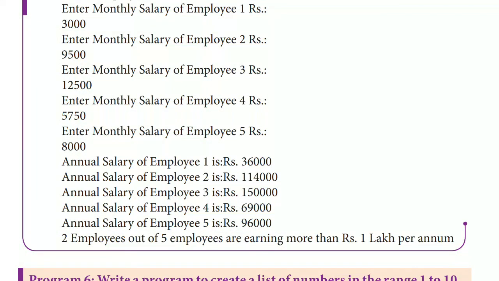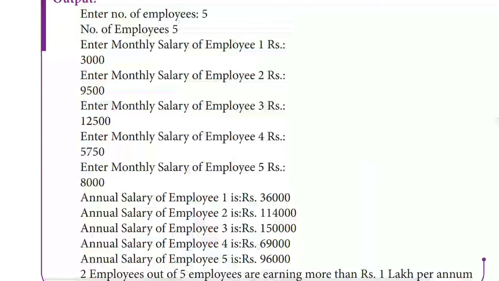The monthly salary is received from the user and multiplied by 12. If the multiplied value is more than 1 lakh, then this person who gets this monthly salary is included in the list.